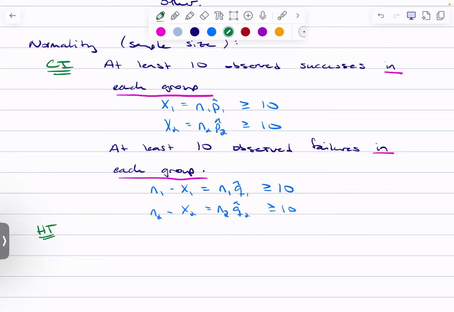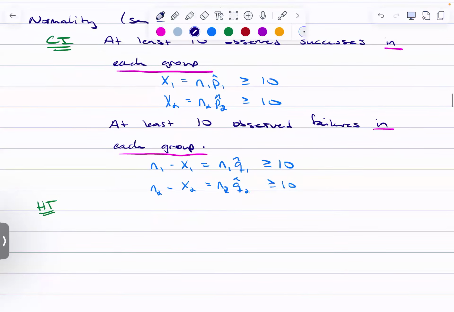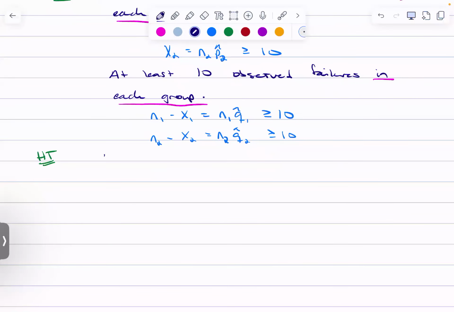From my null hypothesis, I expect to see this many successes, and I need to be able to catch at least 10 in order to draw reliable conclusions. So it's still true. We need at least 10 expected successes in each group.